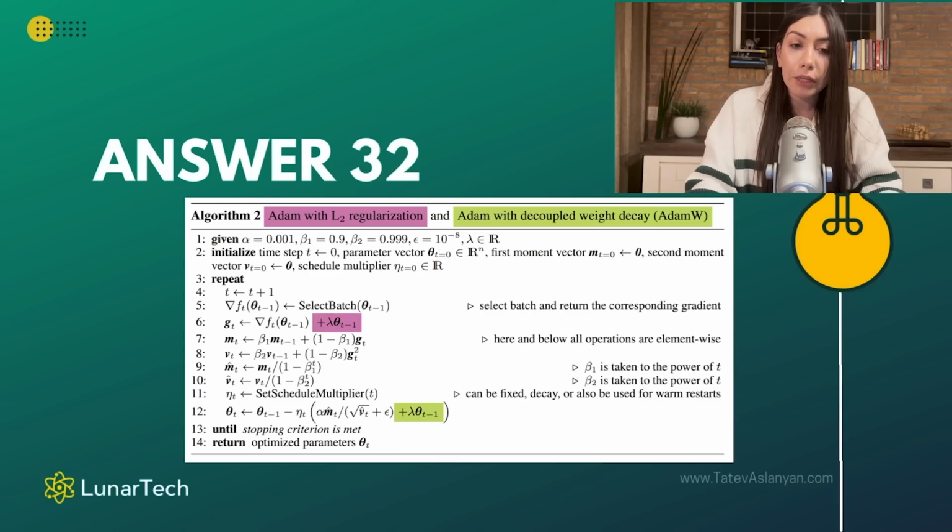And the weight decay, so decoupling this weight decay from the gradient updates, and instead of using it as part of the gradient update, incorporating it directly as part of the model parameter updates, has proven to have much better impact in terms of generalization of the model.